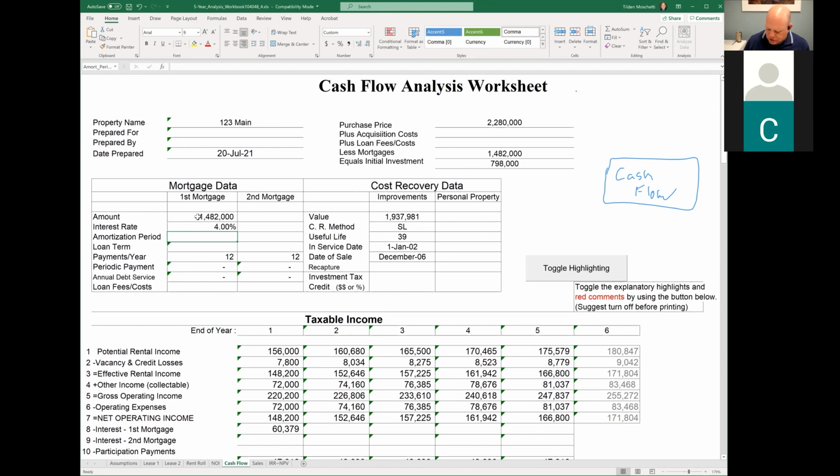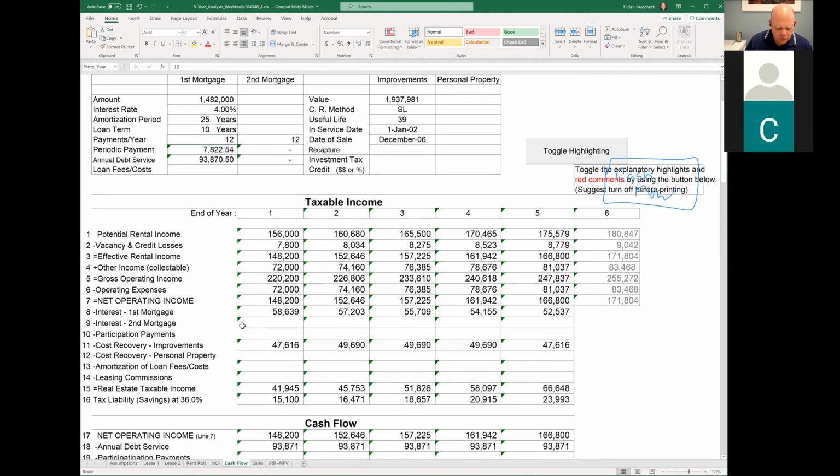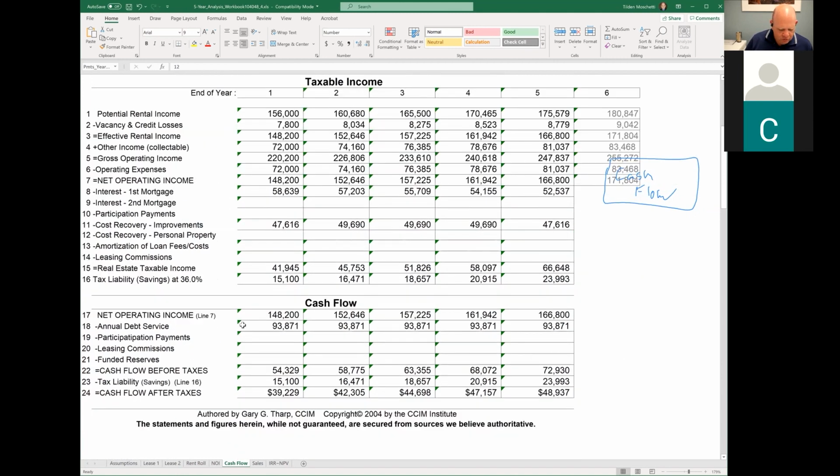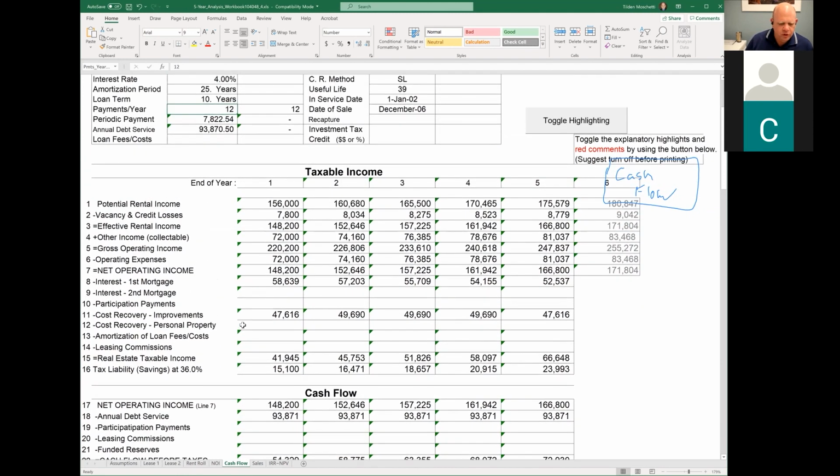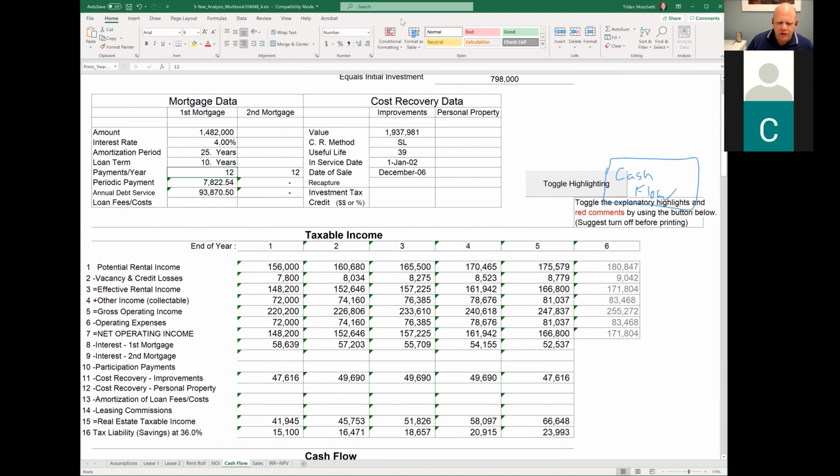Our amortization period is 25 years. Our loan term doesn't really matter for this purpose, but we'll just say it's 10. And our payments per year is 12, so that's all normal. So now we've got our normal debt service built into here. And I hope we have a positive cash flow. Okay, good, we do. So now we've got a nice positive cash flow.